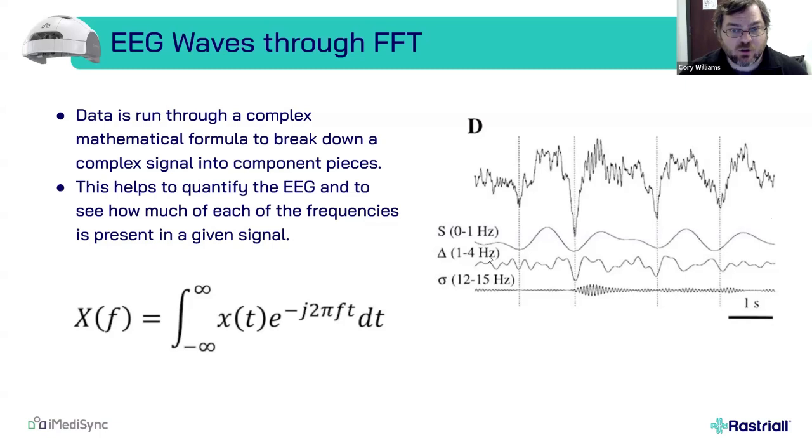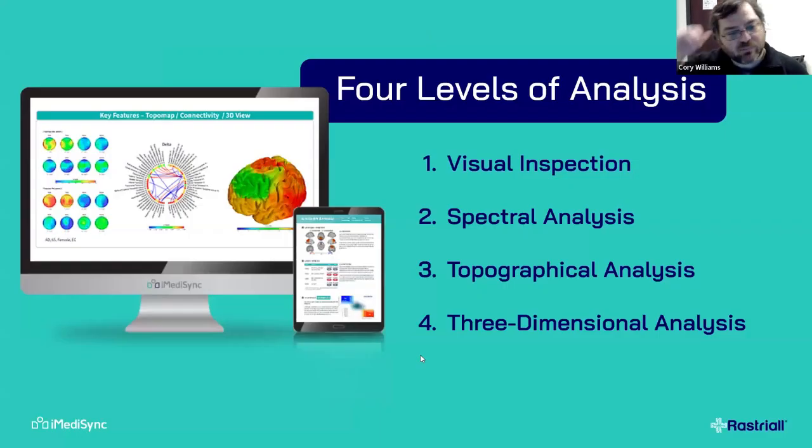So on the right here, you can see there is some delta activity in this signal. There is some slightly faster, what I would say looks like theta, and then some beta activity. And all three of them happen simultaneously to create the composite raw EEG signal. So we use that Fourier transform to break the signal apart into pieces, and that's how we go about analyzing the data.